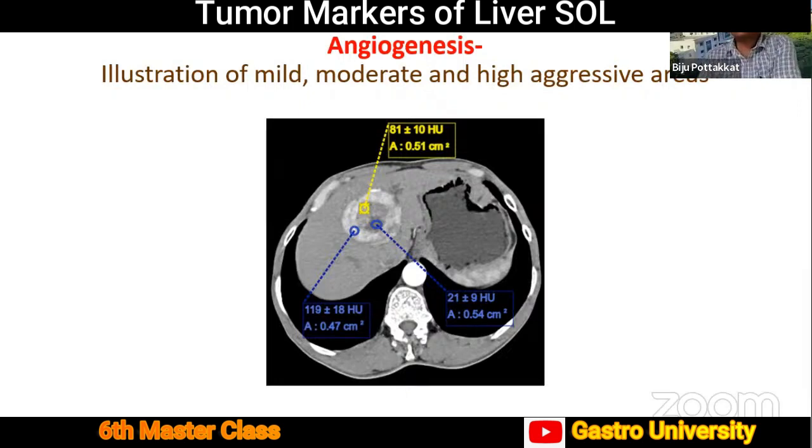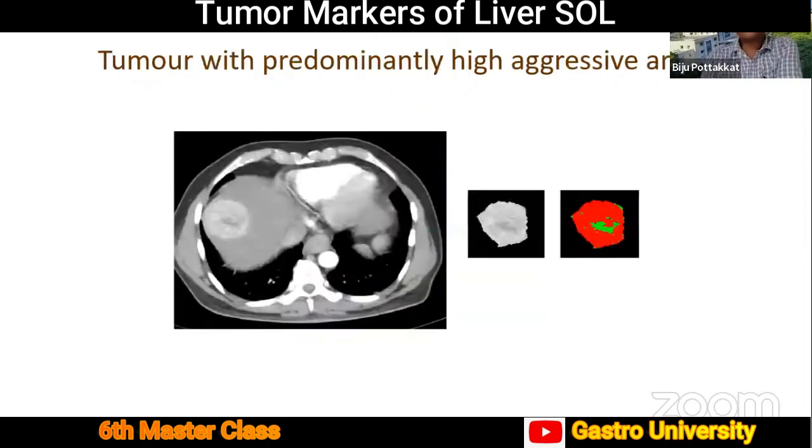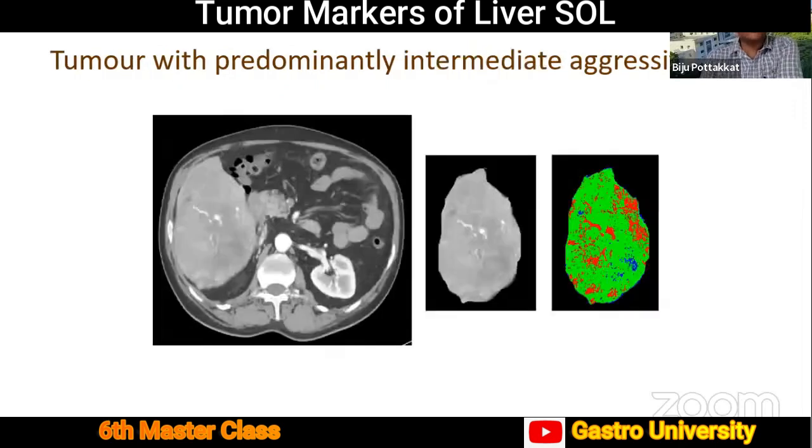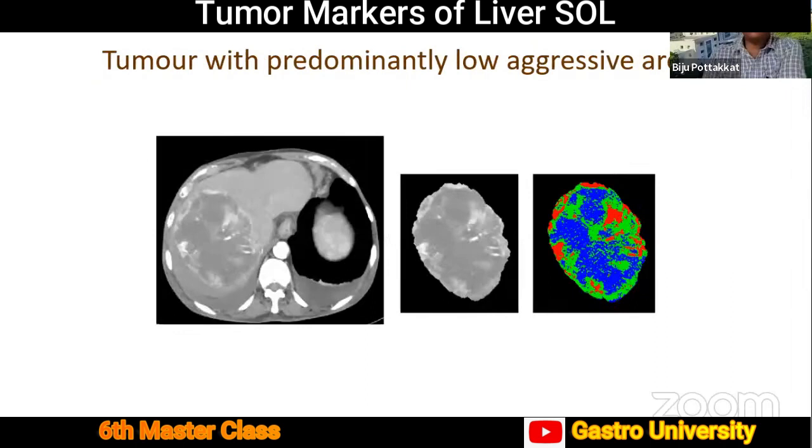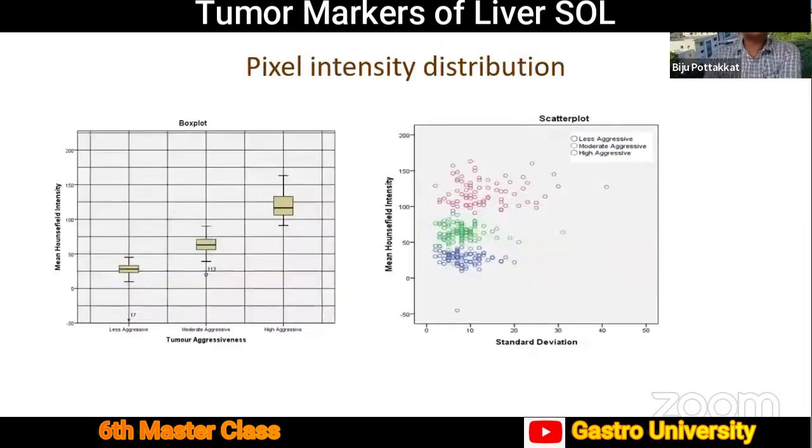So this is the basis of all this tumor biology and tumor markers. You can see predominantly aggressive areas in red, moderately aggressive areas in another color, and low aggressive areas. So in the same size of tumor, same differentiation, you can get this aggressiveness or vascularity, neovascularity. And they are in a different range altogether.